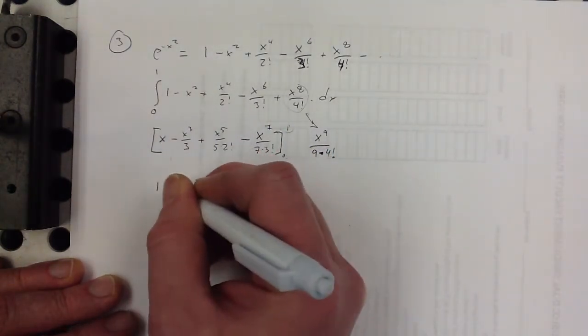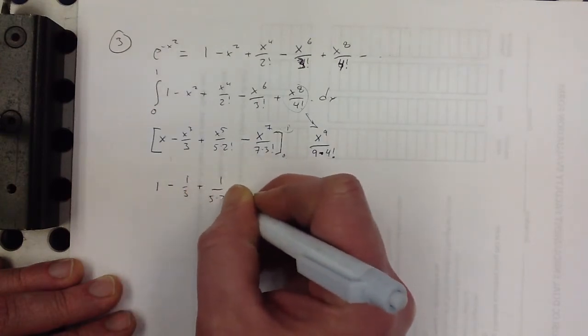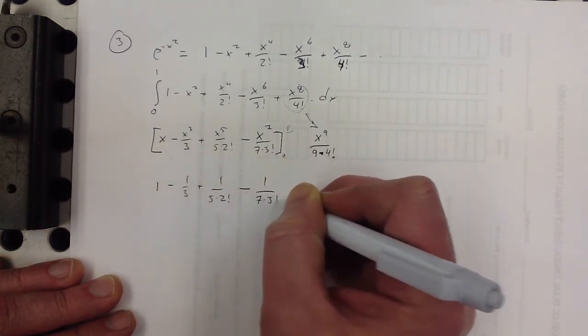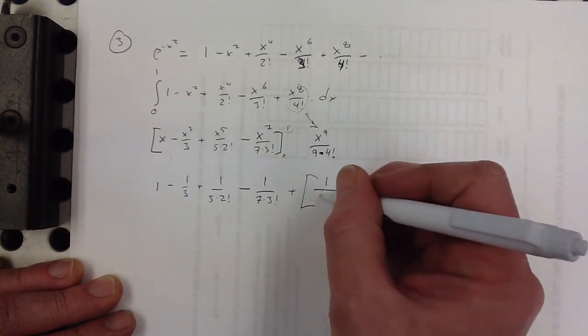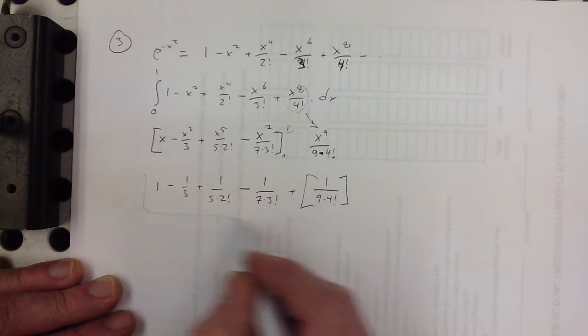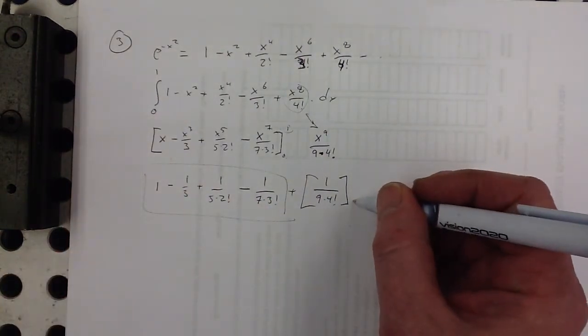That's 1 minus 1/3 plus 1 over 5 times 2 factorial minus 1 over 7 times 3 factorial. And then although I'm not going to use it, the next term would be 1 over 9 times 4 factorial. So here's my approximation, and here is the error.